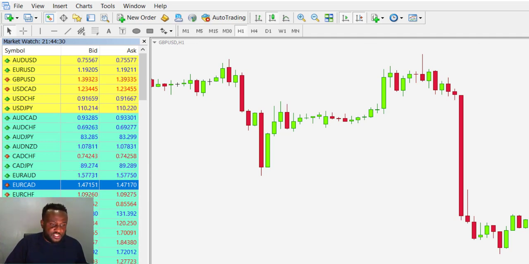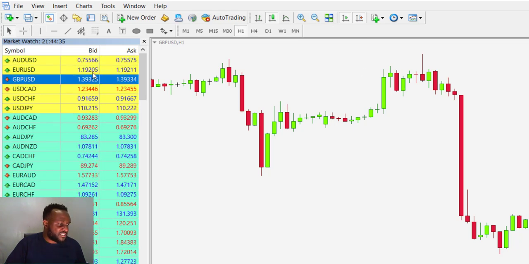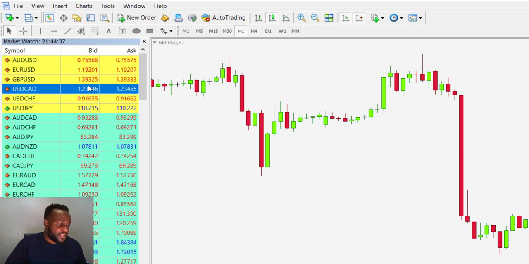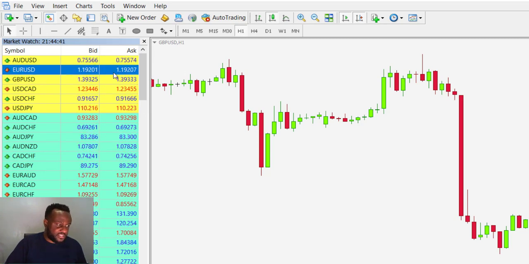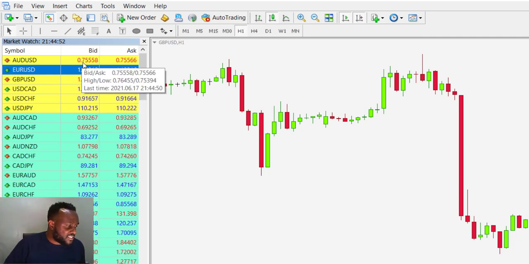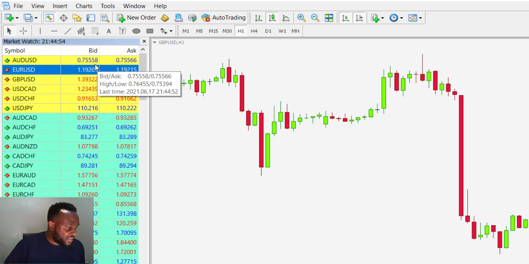The other thing is when you look at the price. Again, you can look at the market watch and see the price here. You can have either the bid or the ask price, but that's the price. Now what do you notice? On the non-JPY pairs, on this platform, look at the digits after the decimal point.